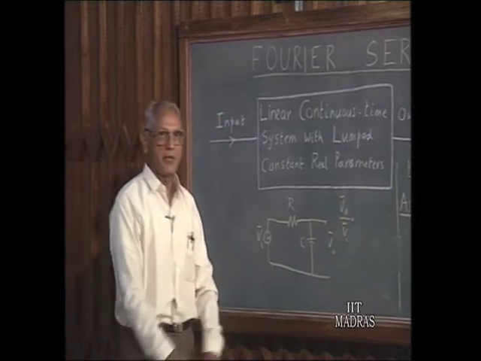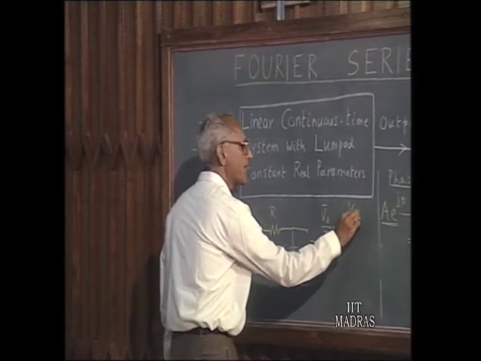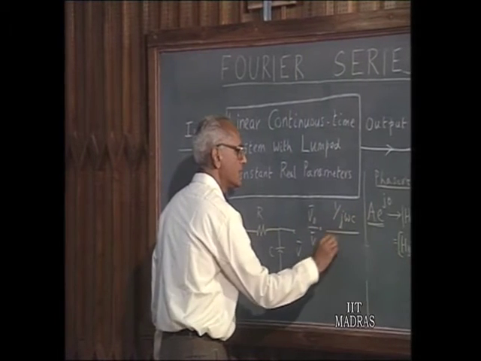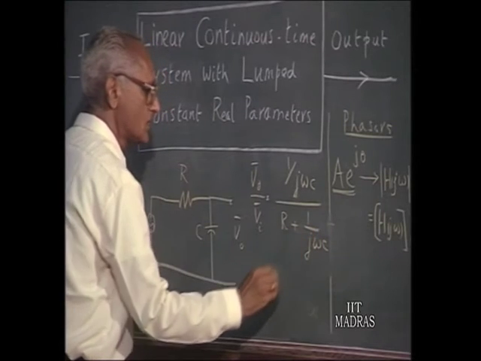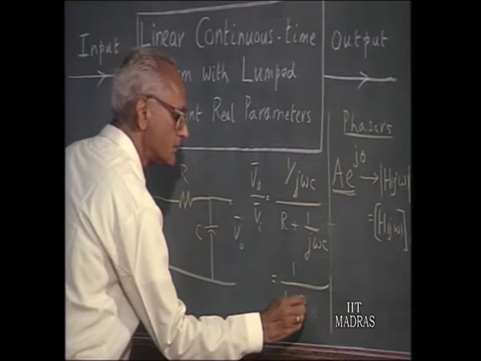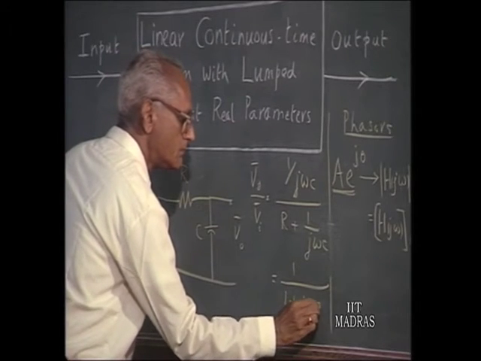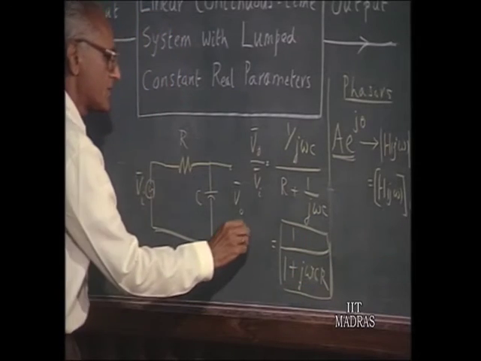using our familiar circuit analysis procedures. This will be, by potential divider action, 1 over j omega C divided by R plus 1 over j omega C, which of course is 1 by 1 plus j omega C R. This is our H of j omega in this case.